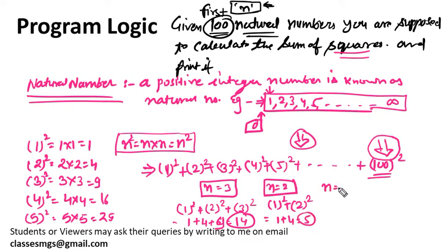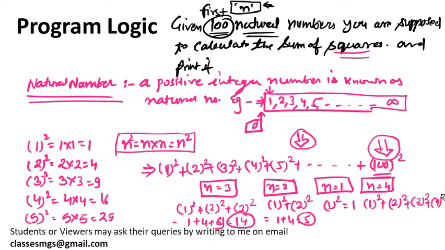If you pass n as 1, it should print 1 square only, that is 1. If you pass n as 4, it should add 1 square plus 2 square plus 3 square plus 4 square, that is 1 plus 4 plus 9 plus 16, so 5 plus 9 is 14, and 14 plus 16 is 30.